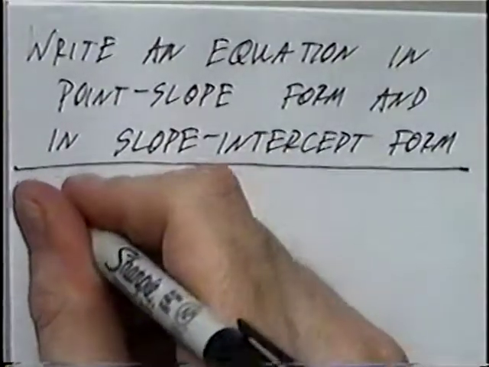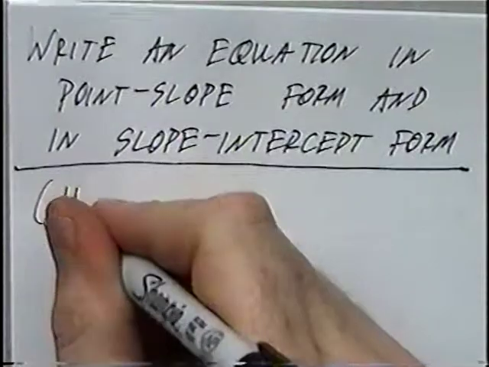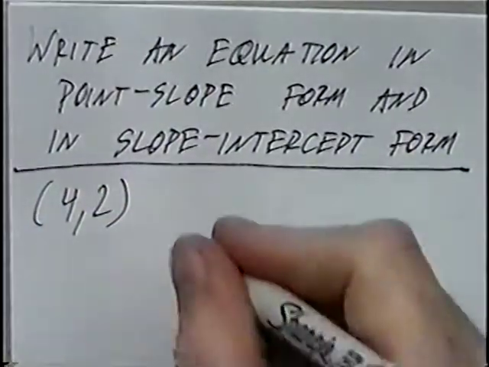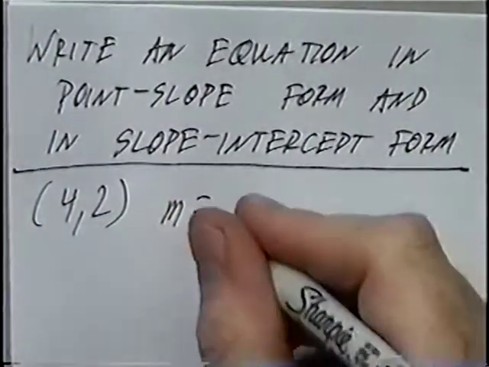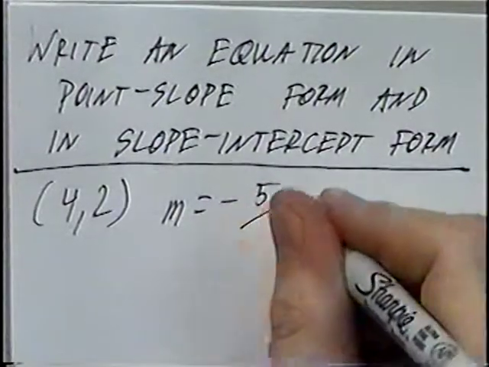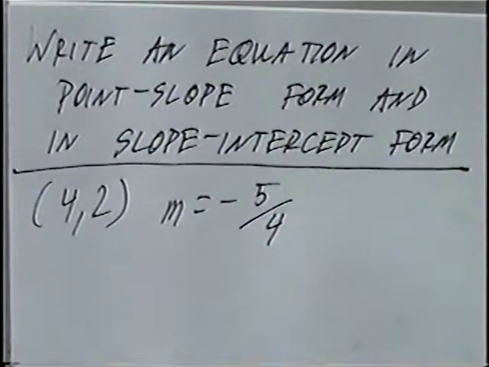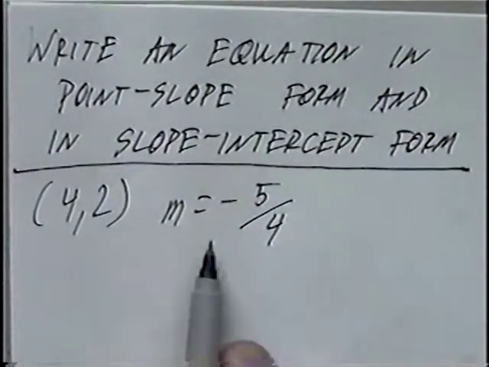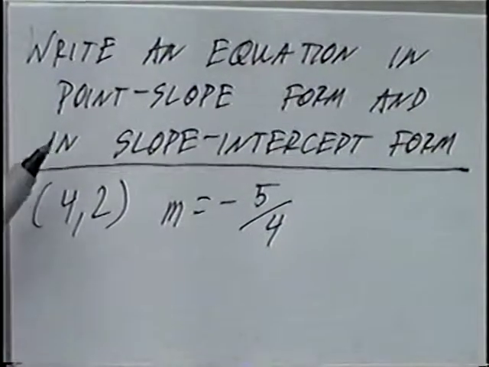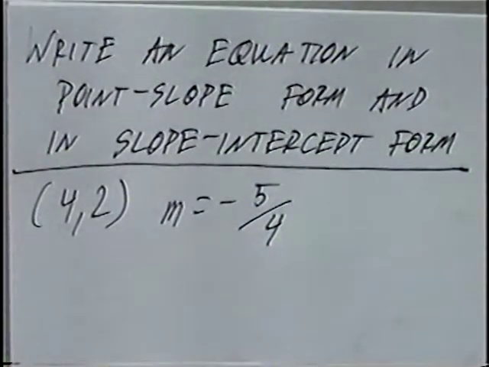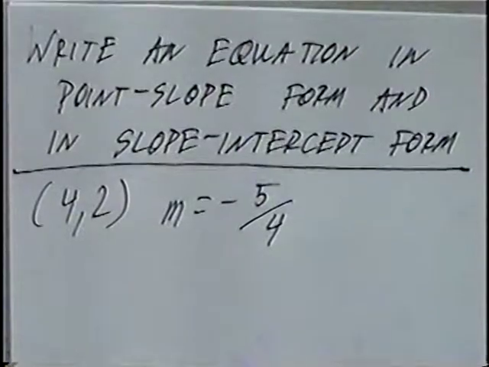First question, I have a point (4, 2), and the slope m is -5/4. So taking a point and a slope, we can first write the equation in point-slope form, which is the equation we did in the previous section.